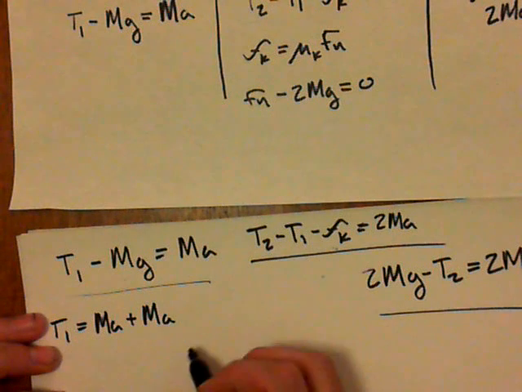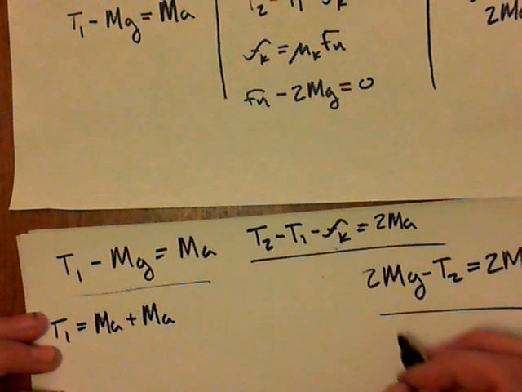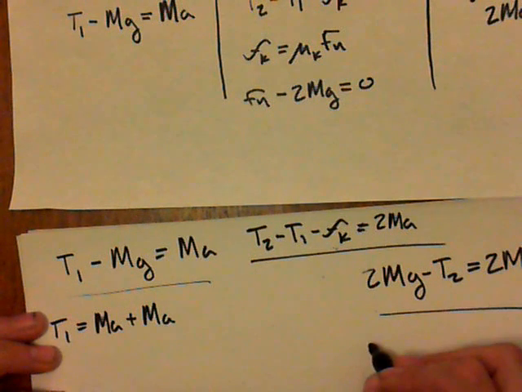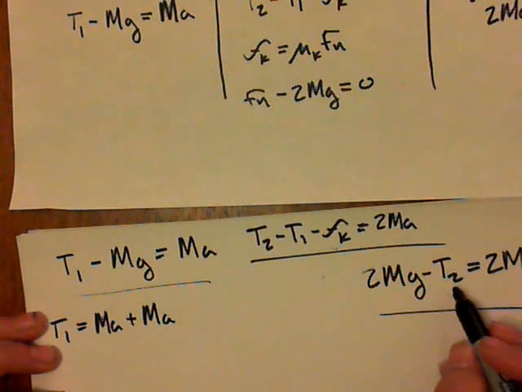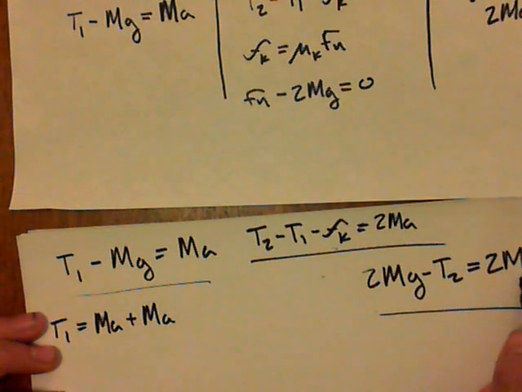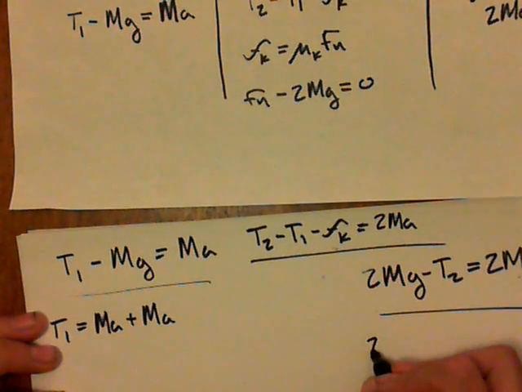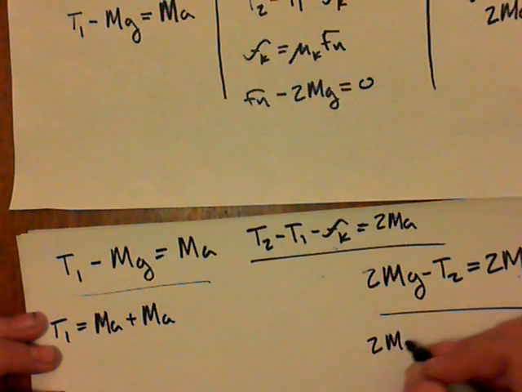Alright, so I'm going to leave those, and we'll solve for this one too. So I'm just going to subtract the T2 from the right side and then subtract the 2MA from the left side. That'll give us that in terms of our tension.